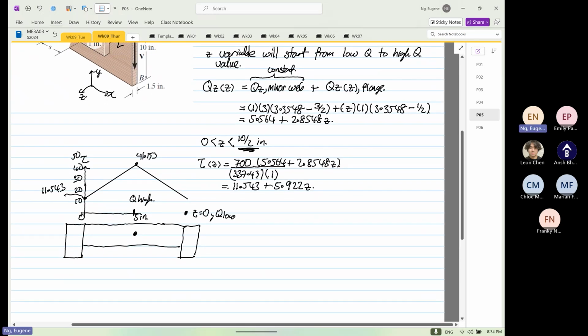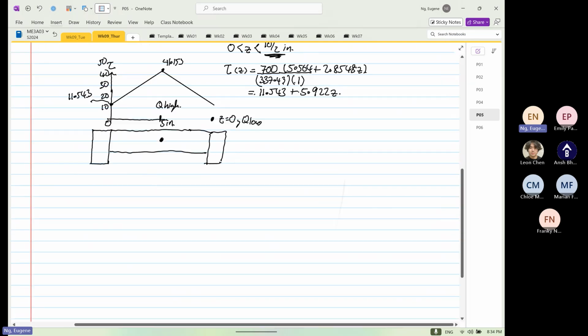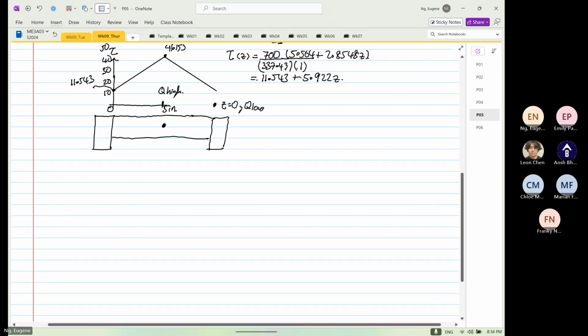On the web, right? I think you all can visualize this now. It's not going to be a linear function. Okay, it's going to be a second order polynomial function. So let's consider the web, right?